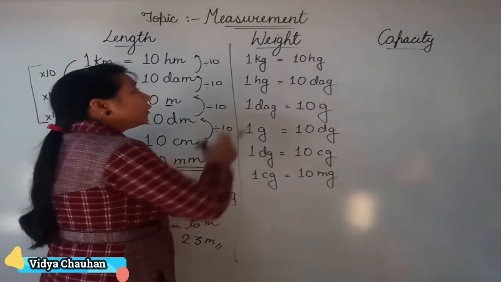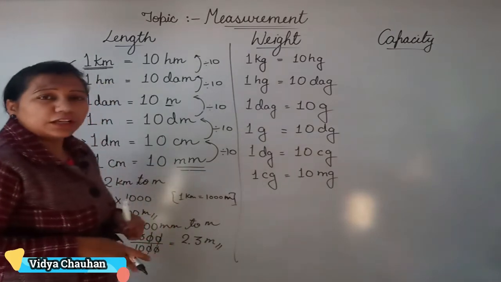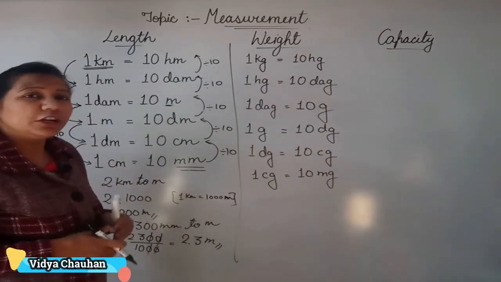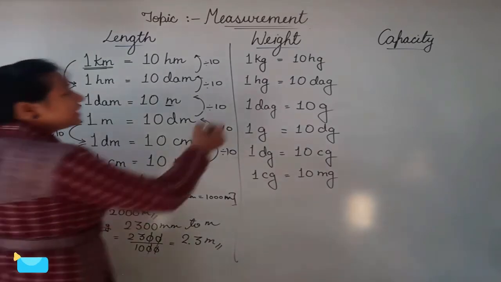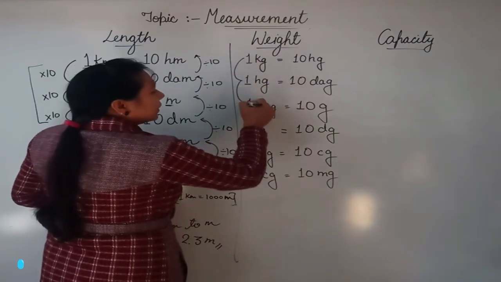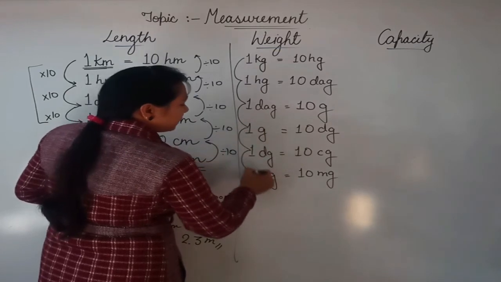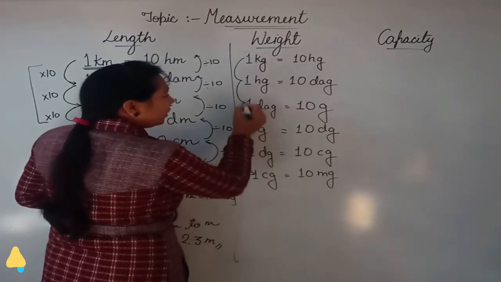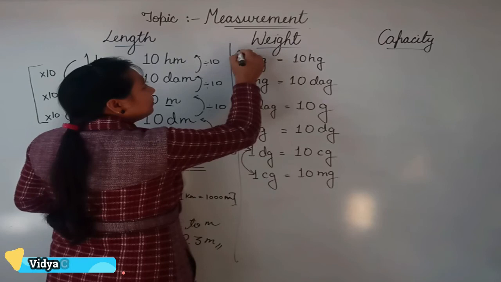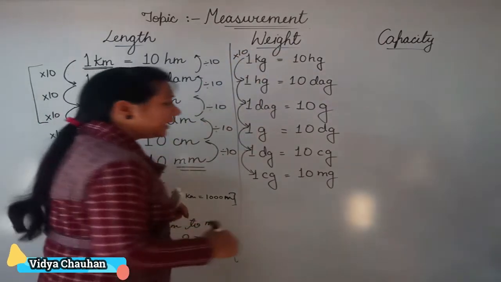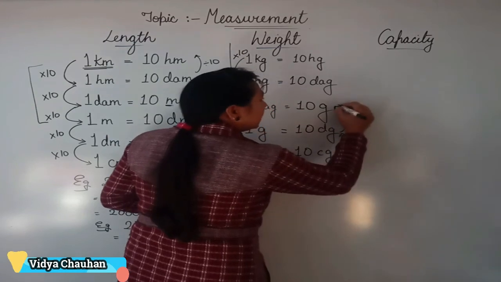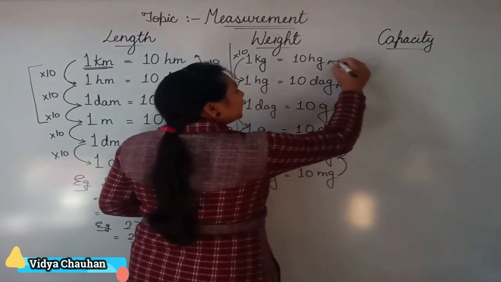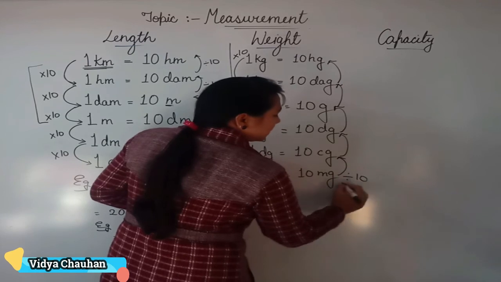Now, the rule for conversion of kilograms, that means higher unit to smaller unit, is the same as we have done in lengths. That means when we are moving in the downward direction, from the higher unit to the smaller unit, it will be every time multiply by 10. And when you are moving from smaller unit to higher unit, in that case, it will be every time divide by 10.